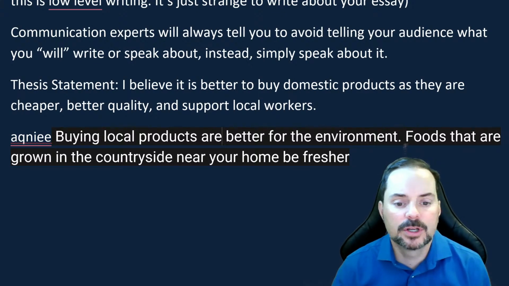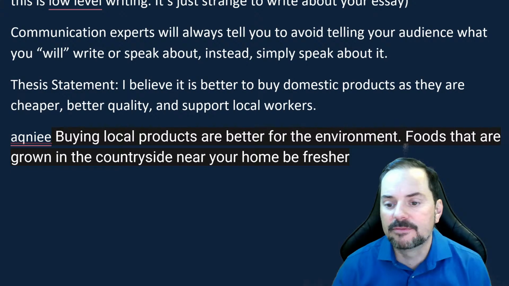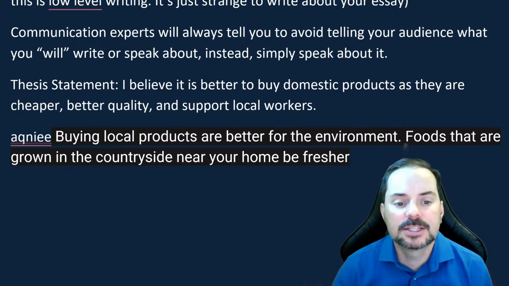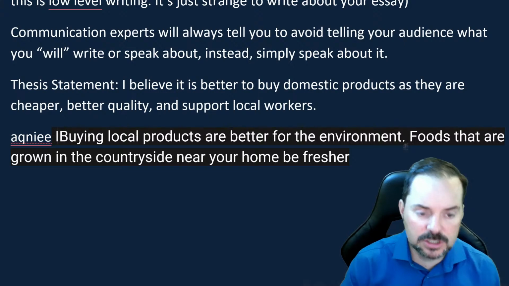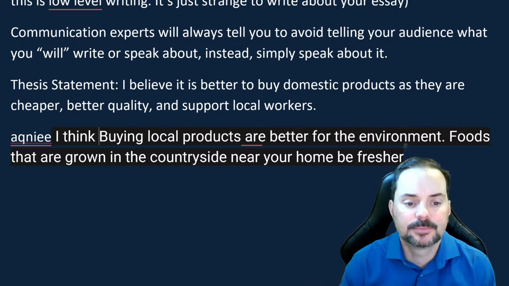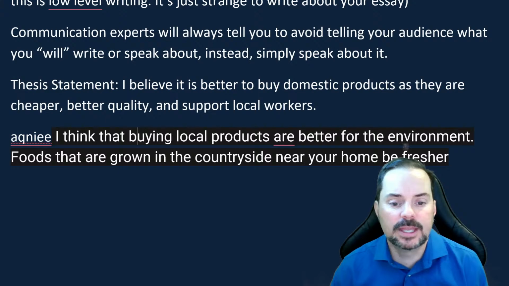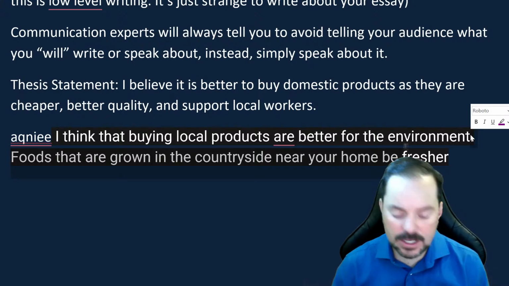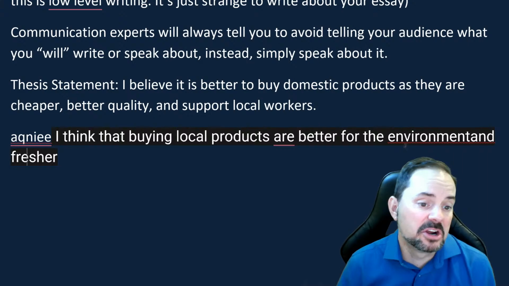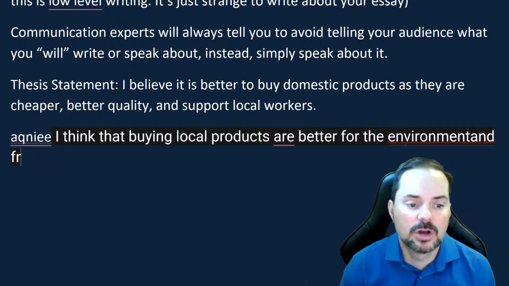Foods that are grown in the countryside near your home be fresher. Okay, let's fix this a little bit, Akni. So buying local products, first person voice. I think that buying local products are better for the environment and healthier. Okay, if you're focusing on food especially.